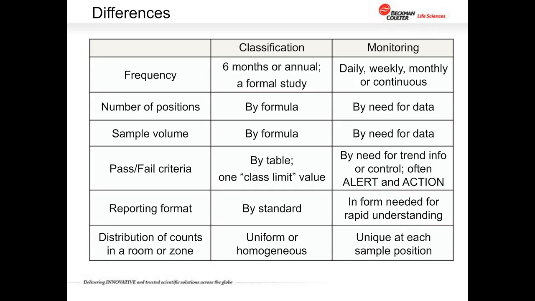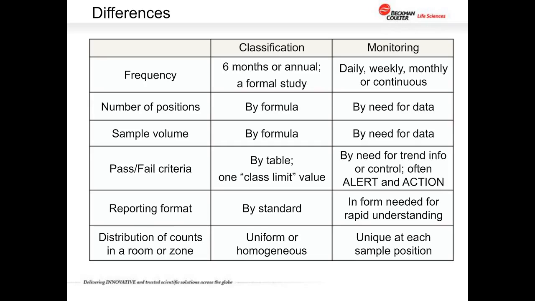There's a couple of levels, and they're often either much lower than the classification used for the room, or in some cases even higher than that. So they're unique and not necessarily related to the class limit value that's set up in classification. And generally the report form takes something like a quick graph or other summary, so it's a matter of understanding quickly what that particular area is at for concentration, and again, that it meets the current need.